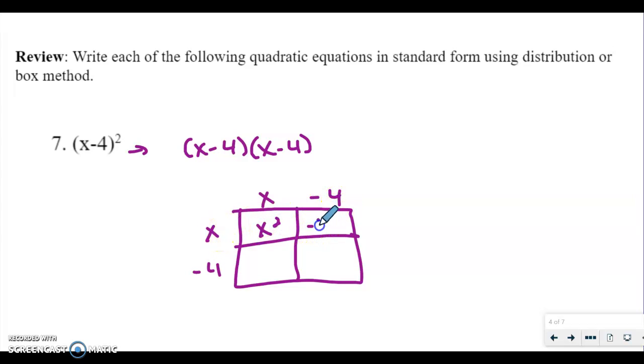X in negative 4 is negative 4x. Negative 4x, and negative 4 times negative 4 is positive 16. So we end up with x squared minus 8x plus 16. I have another one just for you guys. If you could try that, just write your answer in the comments section.